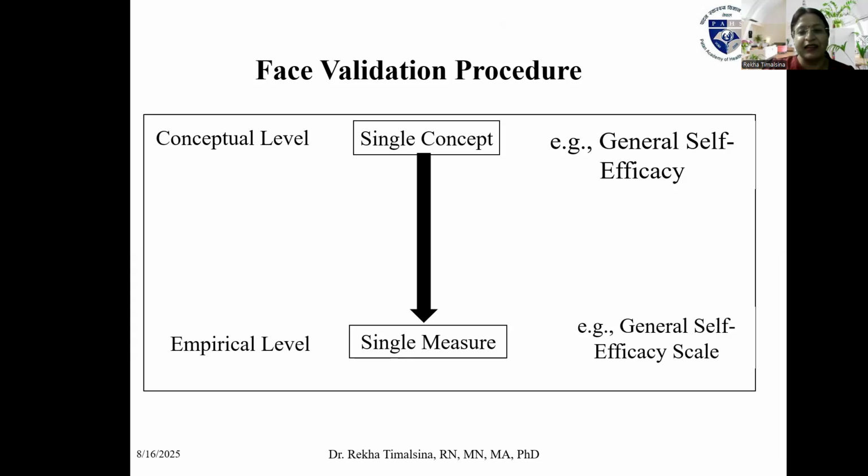To assess the face validity of a general self-efficacy scale, experts or prospective participants review each item to determine whether it genuinely reflects some aspects of general self-efficacy, such as logical reasoning, verbal comprehension, or problem-solving ability. And we can seek experts' opinion by using the 4-point scale, which was discussed earlier.